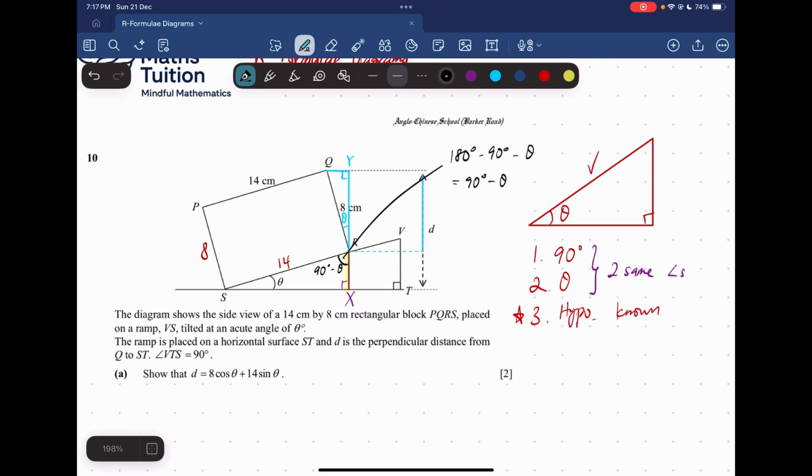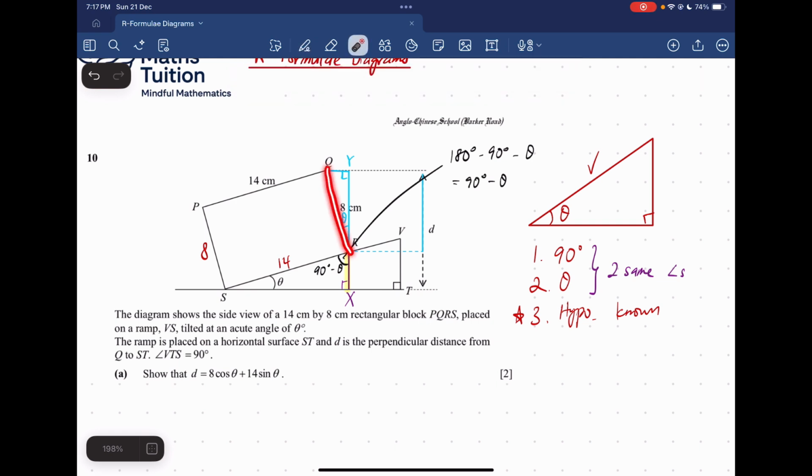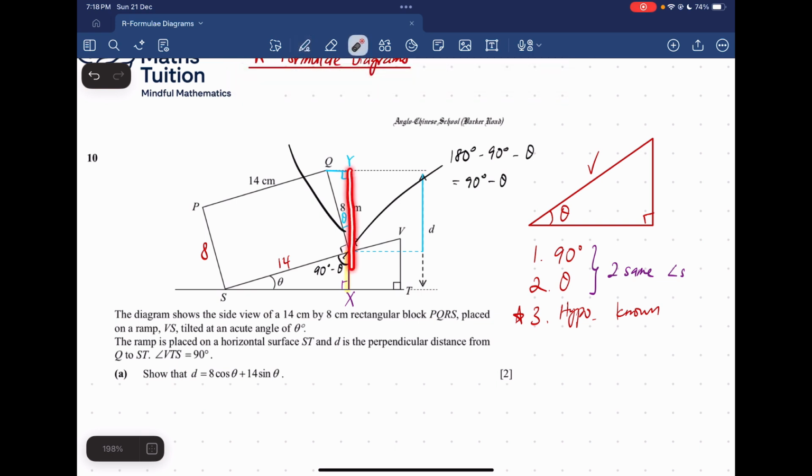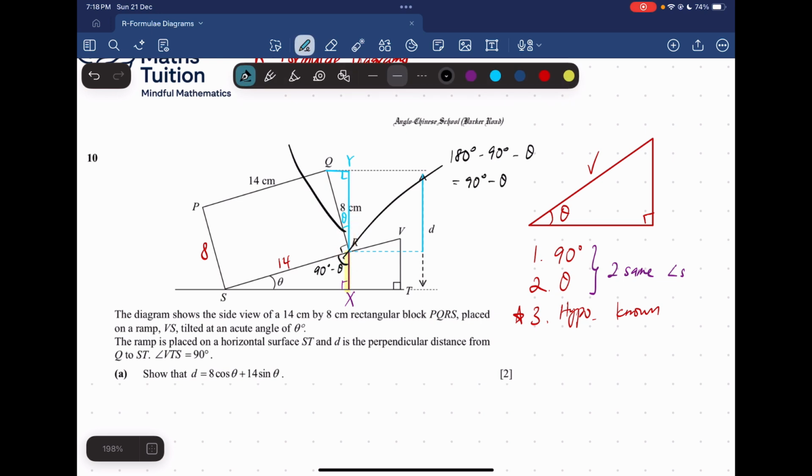Next up, angle QRS, we know it's a rectangle, so that's 90 degrees. Finally, coming to angle YRQ, because this is a straight line, these three angles are angles on a straight line that add up to 180 degrees. That means angle YRQ has to be 180 degrees minus 90 degrees minus 90 degrees minus theta. And that works out to be theta.